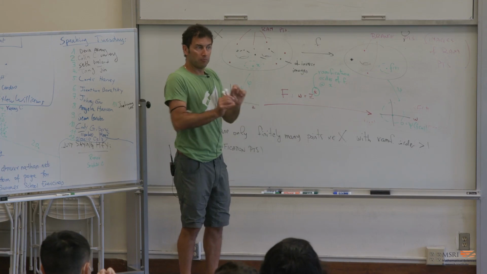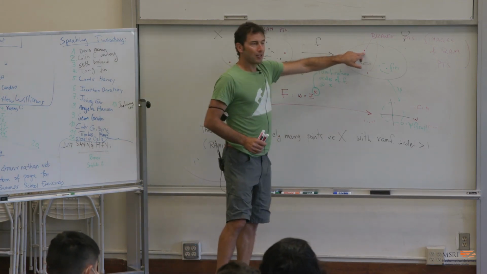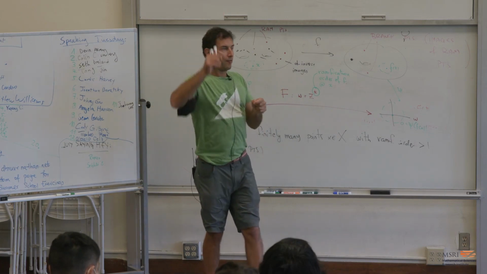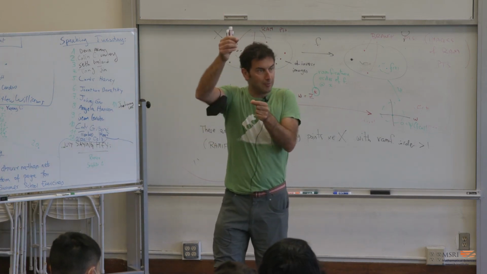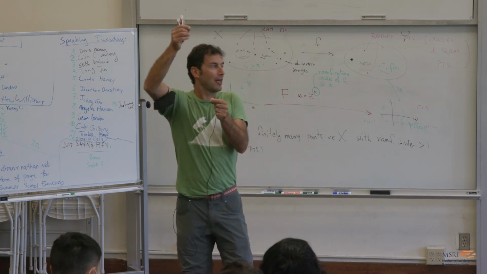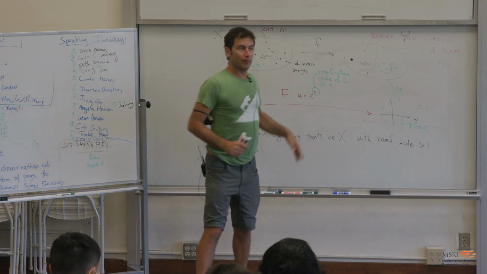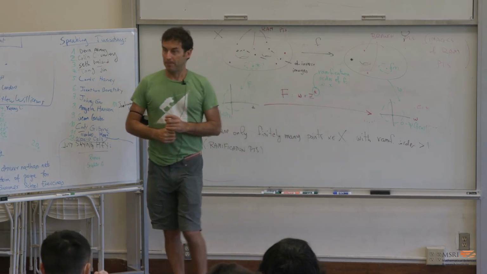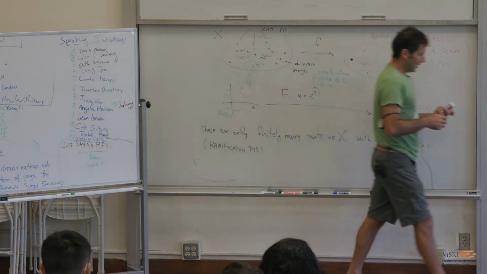This is a little technical theorem that one has to prove, but you look above a branch point, you might have fewer than D inverse images, but some of them have ramification order larger than one, and if you add all the ramification orders, you get D.